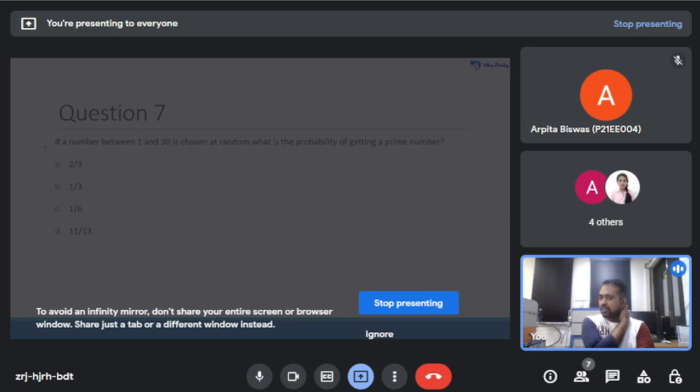Now let's come to the next. If a number between 1 and 30 is chosen at random, what is the probability of getting a prime number? This is a very easy one. Just you have to see. We have already covered this area. Number between 1 till 30, and the probability of getting a prime number.